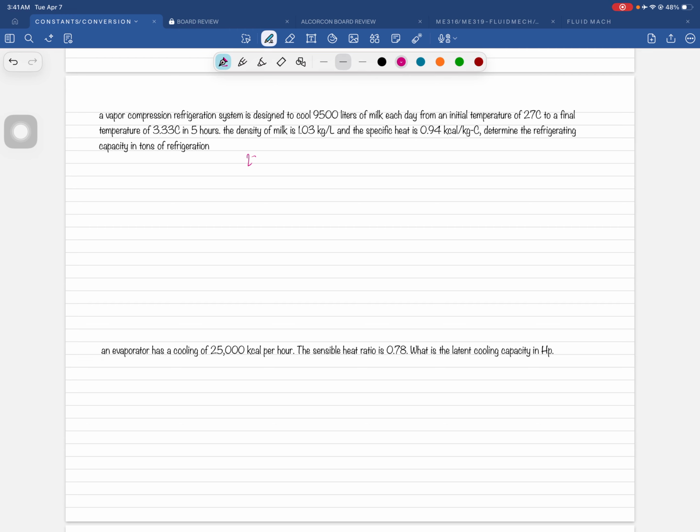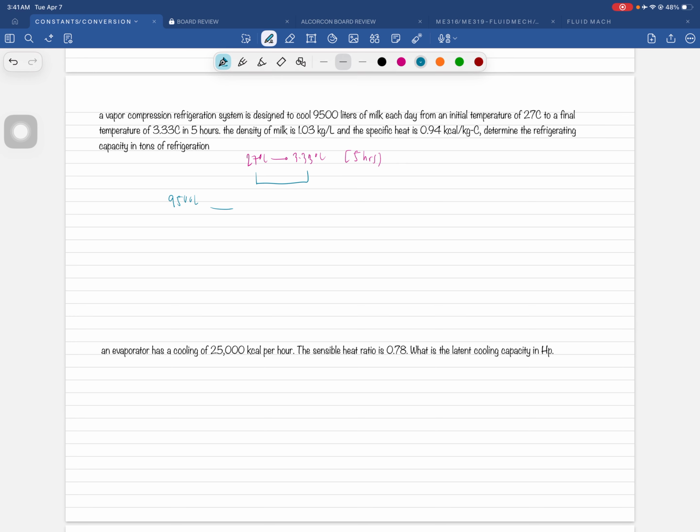So from 27 degrees Celsius going to 3.33 degrees Celsius in 5 hours. In 5 hours, okay? So this should be pretty basic. From 27 to 3.33, again you have what? 9,500 liters.